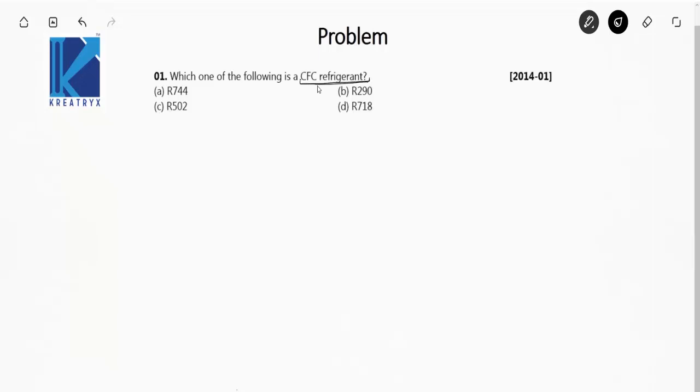If you see options A and D, they are definitely inorganic compounds, because for inorganic compounds the designation of refrigerants is given by R700 plus molecular weight.